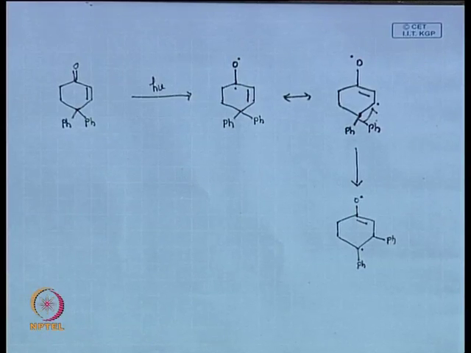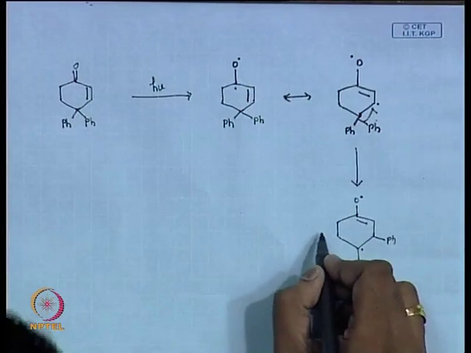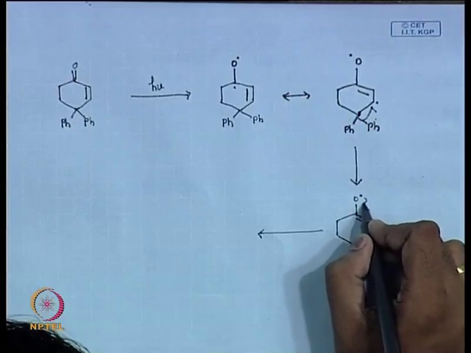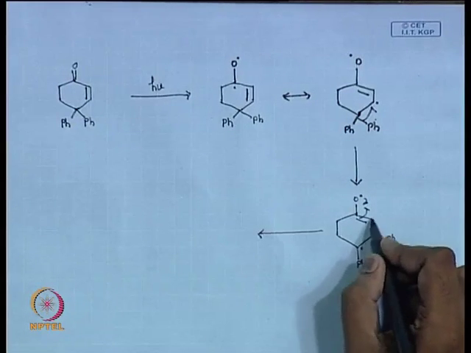I get a radical here. Then I can make this ketone and add this up, right.